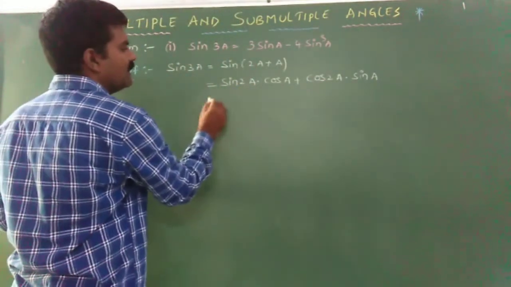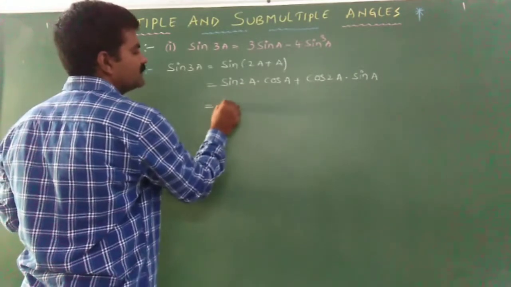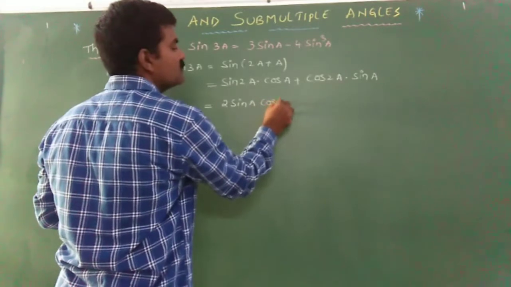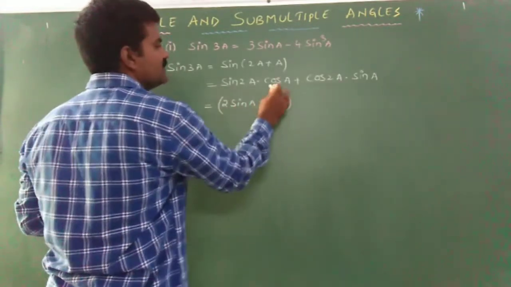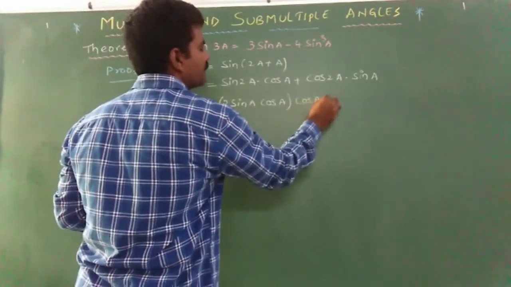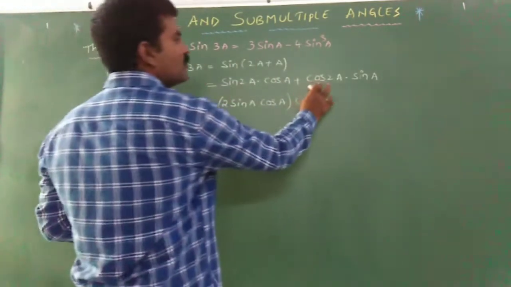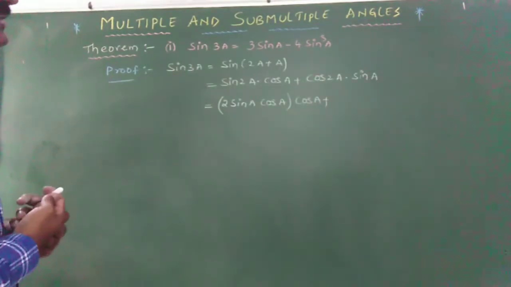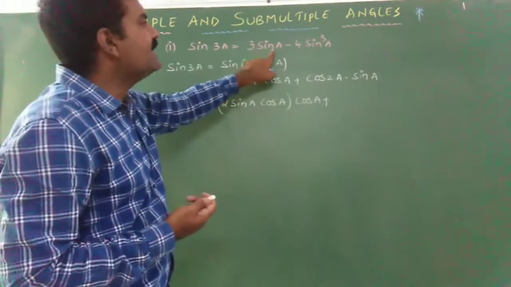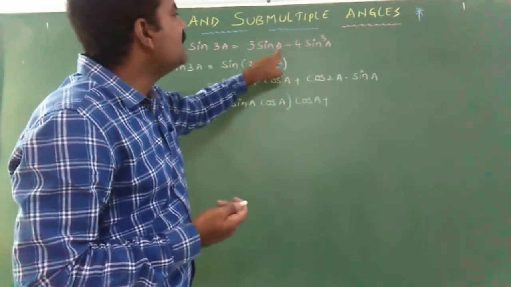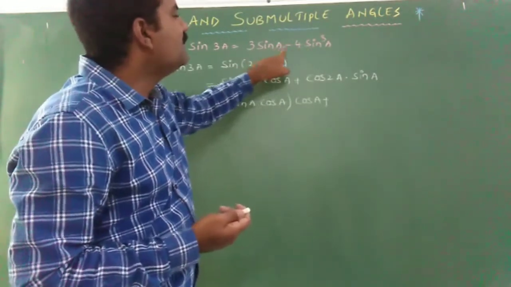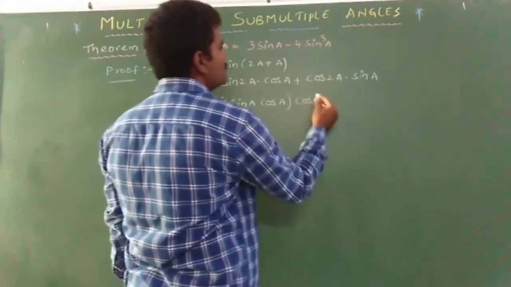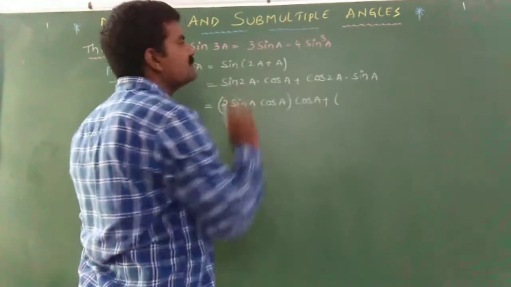Okay, ma'am. Now, sin 2a formula we derived in the last video. Sin 2a is equals to 2 sin a into cos a. And this is multiplied by cos a. Plus, coming to cos 2a, actually, cos 2a we have many formulas, nearly 4 or 5. But if you look at the RHS, RHS is completely in terms of sin. So cos 2a also I want to change in terms of sin only.